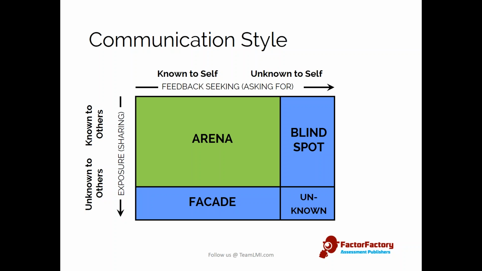We want it to be generally square, in that the level of feedback seeking and the level of exposure are generally equal. And in the assessment, you get feedback on 3 areas, which is how you communicate based on your Johari window: how do you communicate with your subordinate employees, how do you communicate with colleagues or peers, and how do you communicate with your boss?